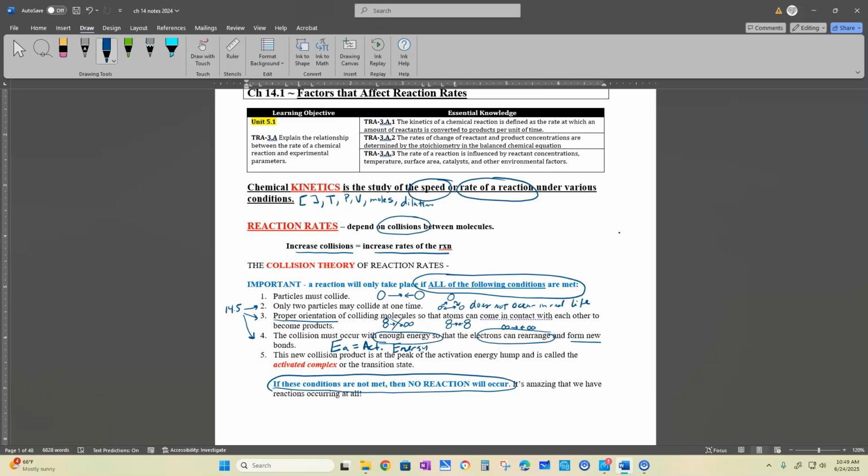In this energy, you're breaking bonds so the electrons can rearrange, and then forming new bonds. And if you actually have all 4, number 5, the new collision product is at the peak of the activation energy hump, and it's called the activated complex, or the transition state. At that transition state, you have broken any bonds that were needed. Not every bond, just whatever bonds you needed.